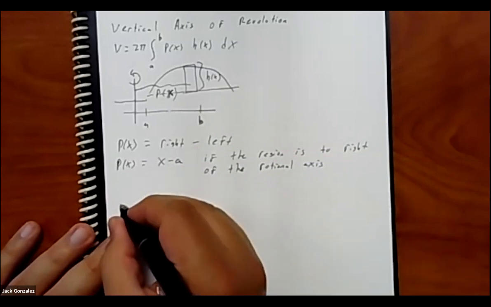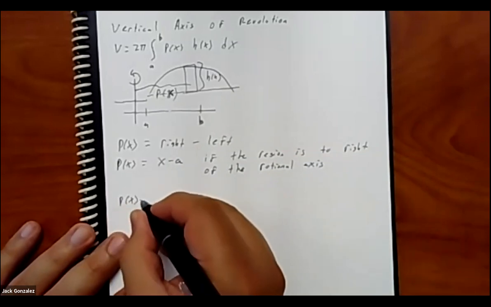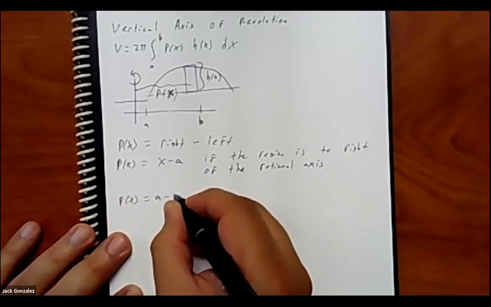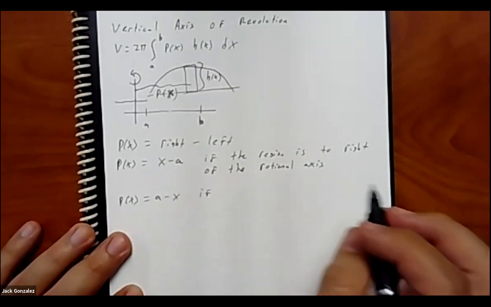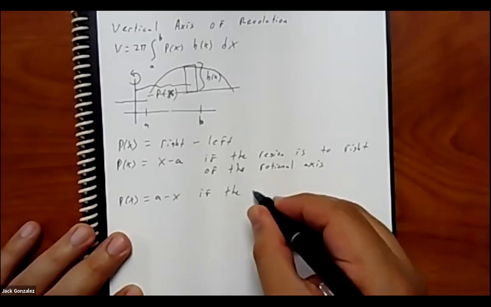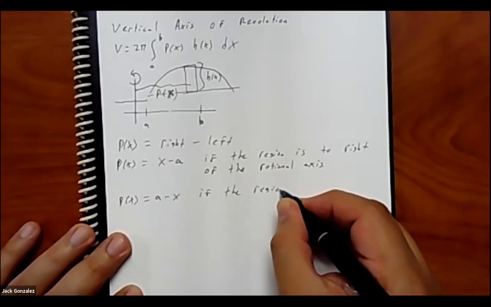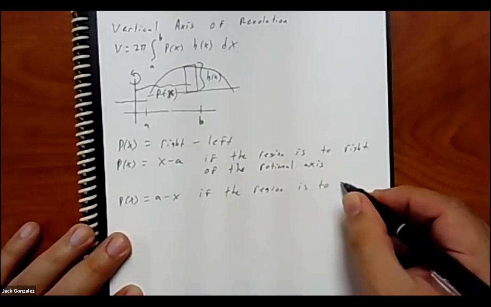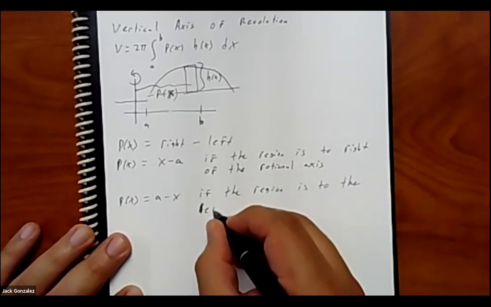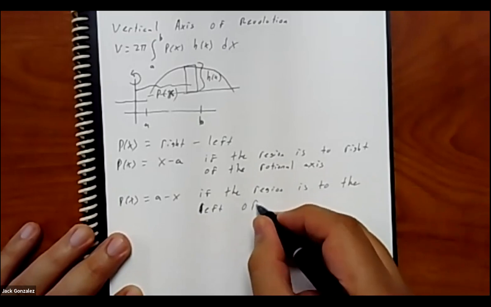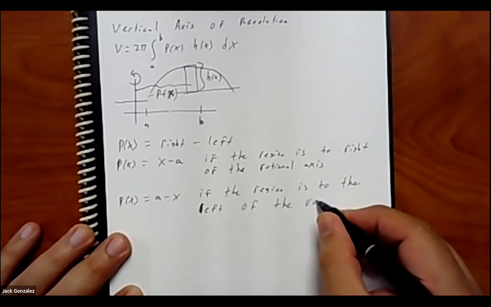It's going to be equal to a minus x if the region is to the left of the rotational axis.